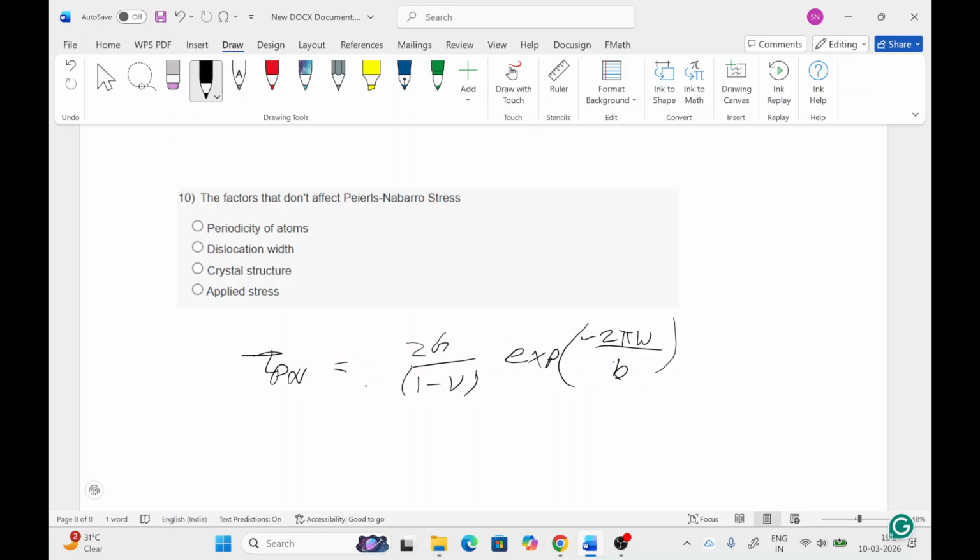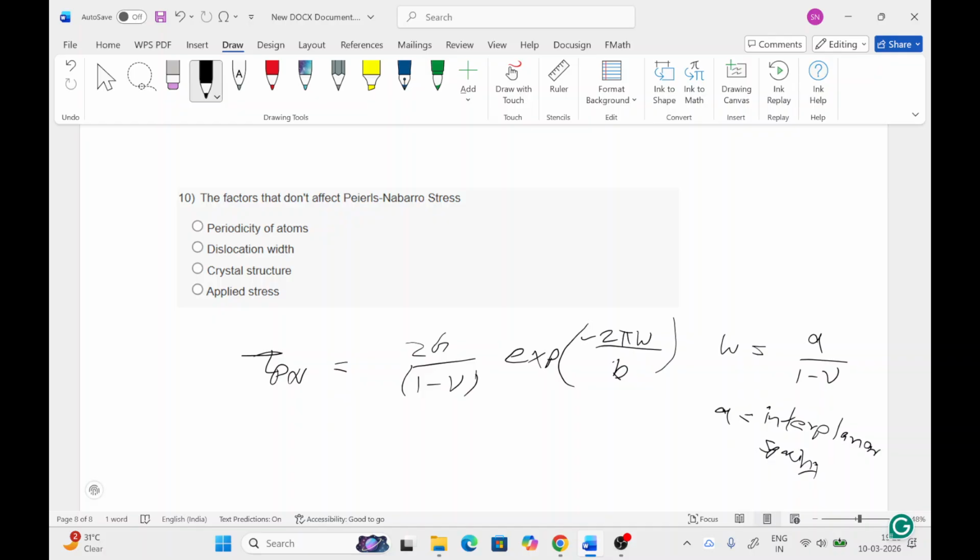So in this equation, w is a by 1 minus nu, where a is the interplanar spacing. So all parameters are dependent on the material properties.